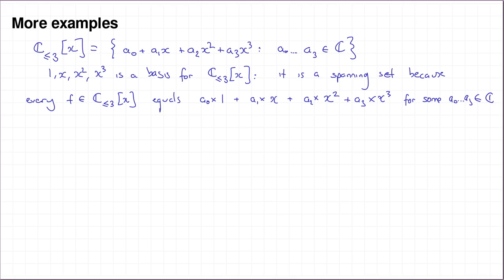That's what it means to be a polynomial of degree at most 3 in the single variable x, and that shows us that every such polynomial is a linear combination of 1, x, x squared and x cubed.